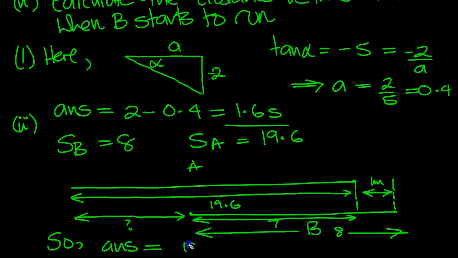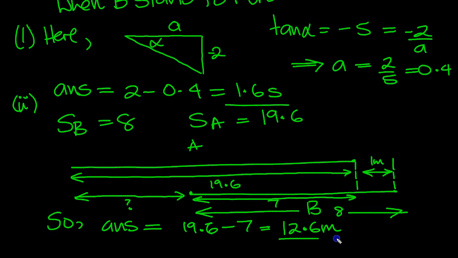So 19.6 take away 7 is 12.6 meters. So B starts 12.6 meters ahead of A, and they meet when B is just 1 meter ahead of A, which is shown in that sketch.